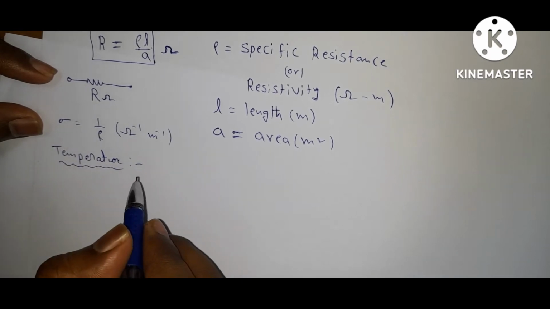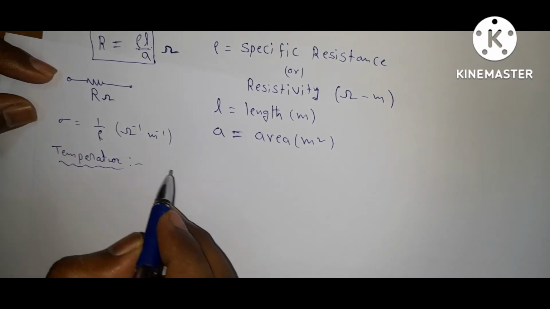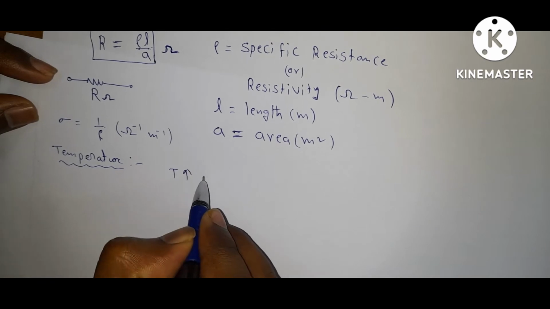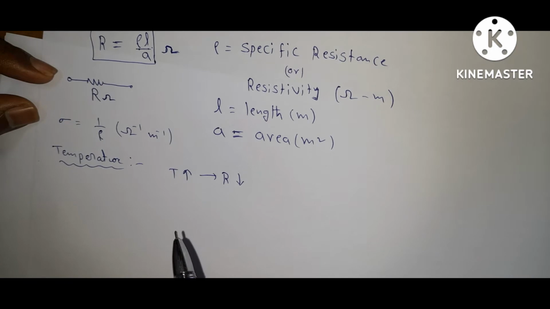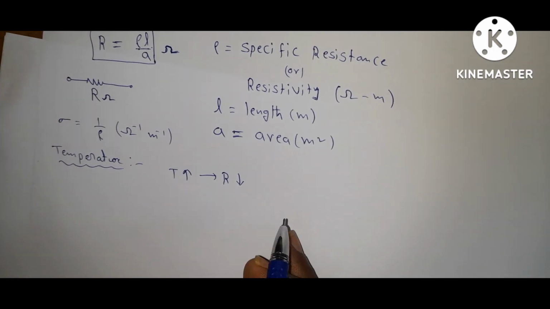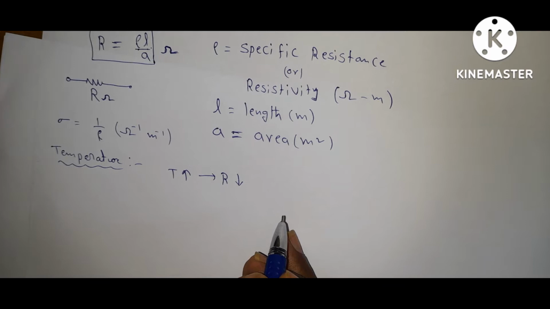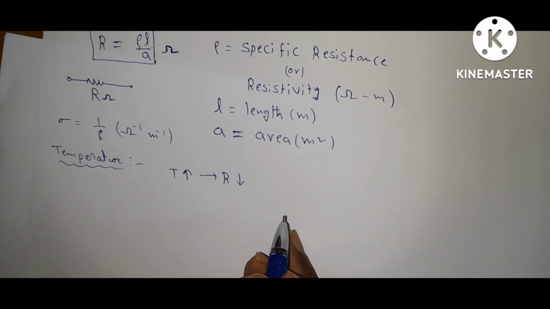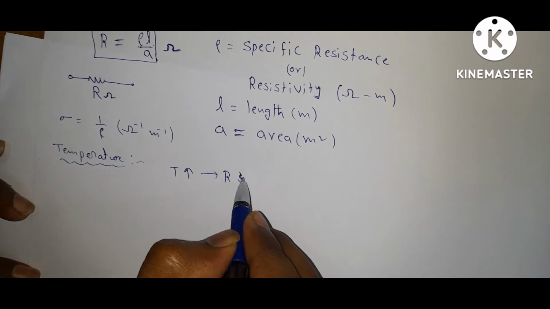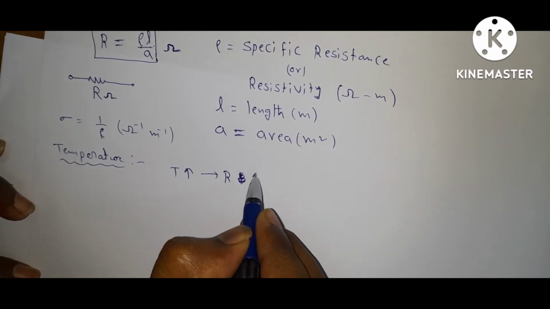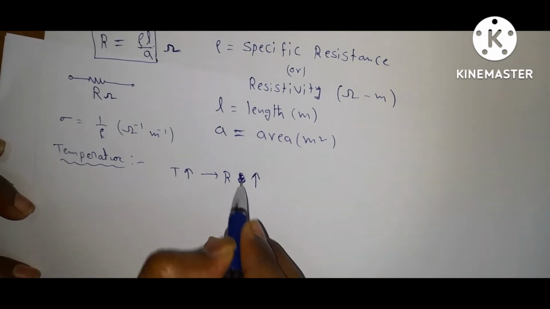If the temperature of any material increases, the resistance of the material increases, except negative temperature coefficient materials like carbon. If the temperature of carbon increases, its resistance decreases. For positive temperature coefficient materials, if temperature increases, resistance increases.